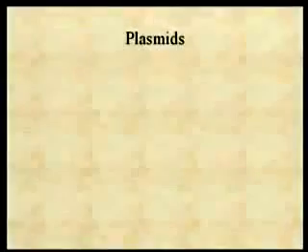All right, and the reason that these are important, remember, these things are transposable genetic elements. So once you have an antibiotic resistance gene on a transposon, it can very easily be transferred to another piece of DNA. So let's say you have a bacteria that has a transposon carrying an antibiotic resistance gene on its chromosome.